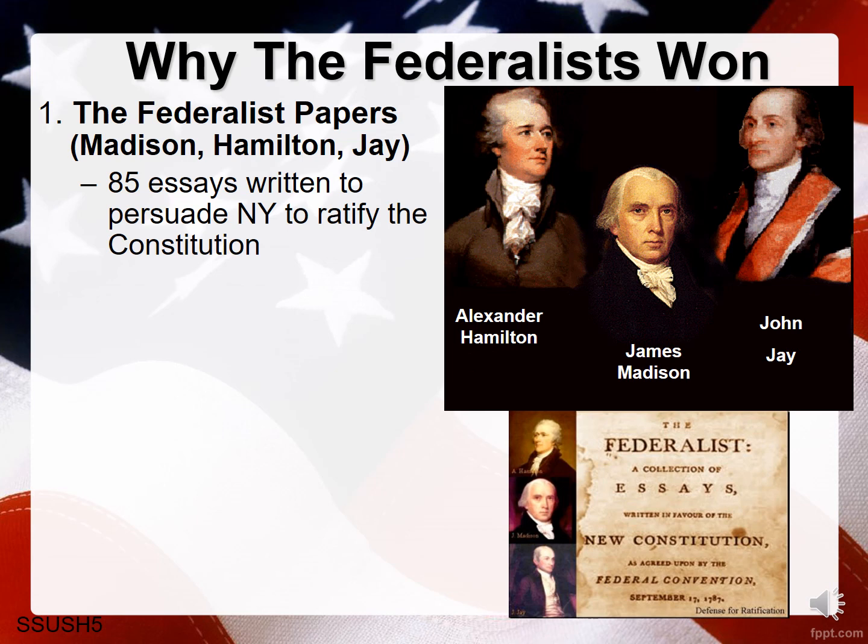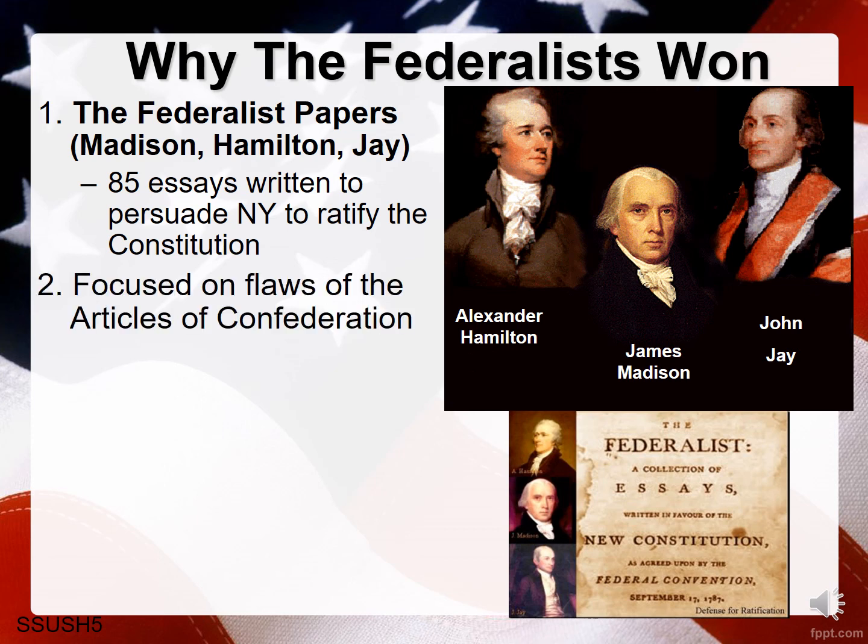It was primarily meant for the citizens of New York, as they were one of the first to vote on the ratification, and it had a huge impact there. It was really the New York Times bestseller when it was written and went out, if there was a New York Times bestseller back then.